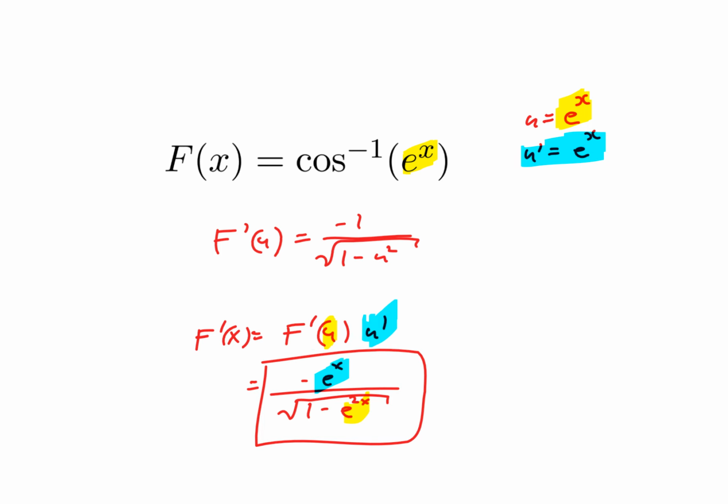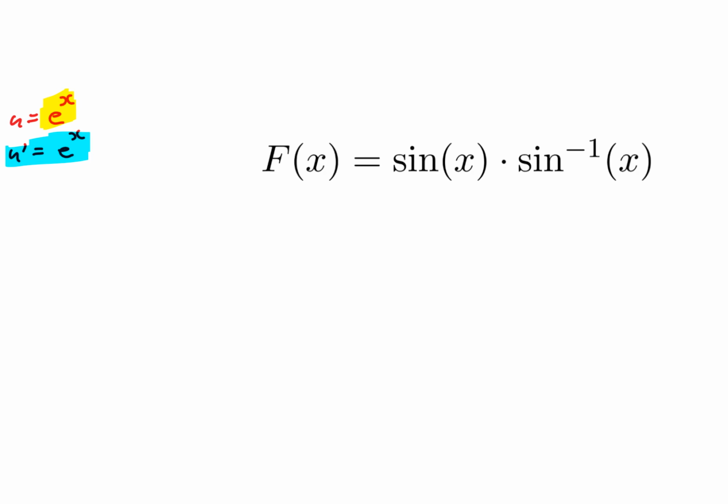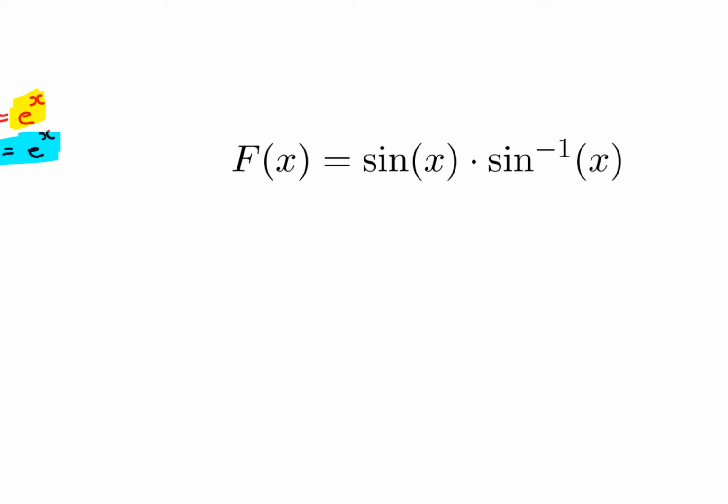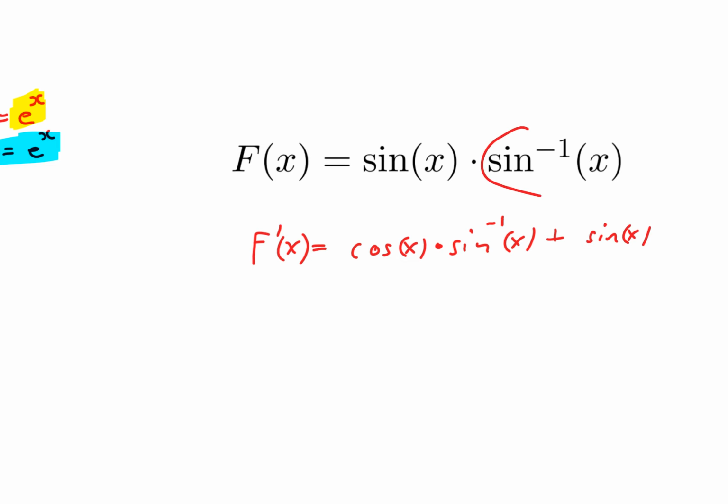Last one. We have sine x times the inverse sine of x. Notice this is an occasion for the product rule. And so we say f prime of x equals the derivative of sine, which is cosine, multiplied by the inverse sine of x, plus sine x times the derivative of the inverse sine.